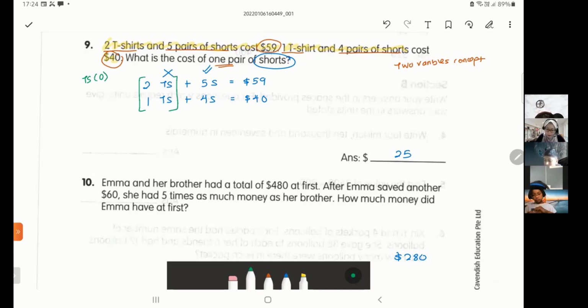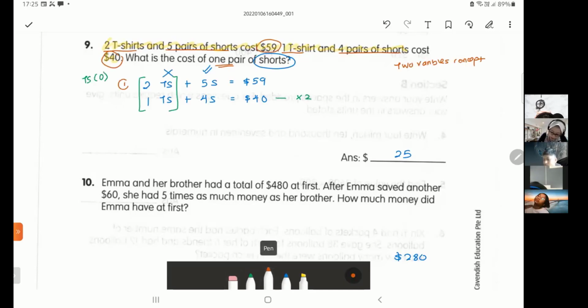So you look here. If I take 2 minus 1, 2 t-shirt minus 1 t-shirt, I get 1 t-shirt. So I can't minus, right? What do I do? I times it by 2. This whole row, I'm going to times by 2, which means this one also must times 2. Okay, what do I mean by that? Everything in row number 1, let's name it.